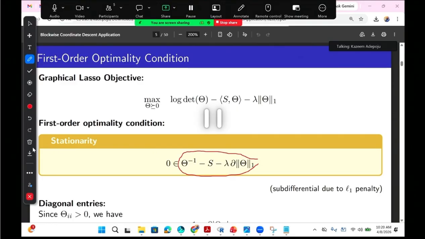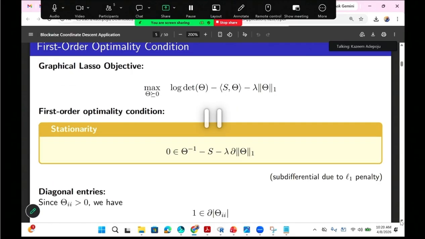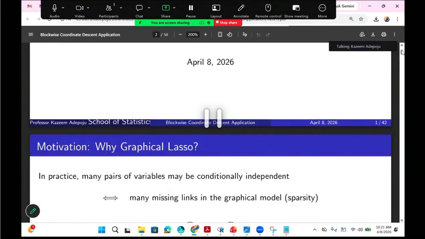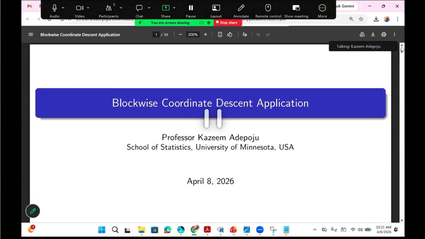And you know what? If I have something like this, it's not going to be a closed form solution. We can't solve this directly. Please pay attention. We cannot solve that directly. And that is the reason why the topic is called blockwise.